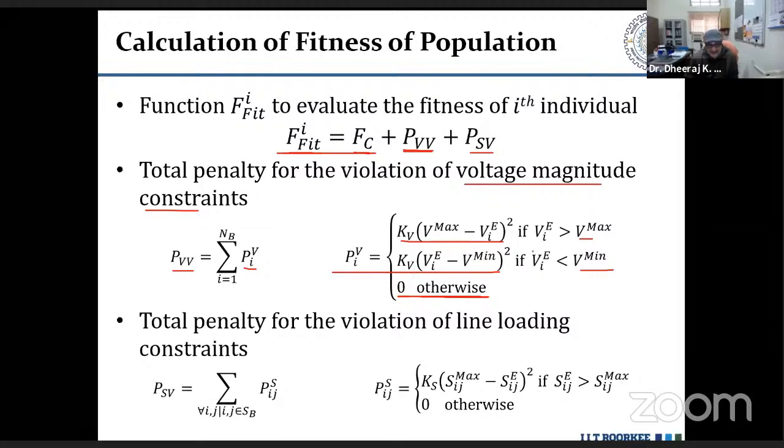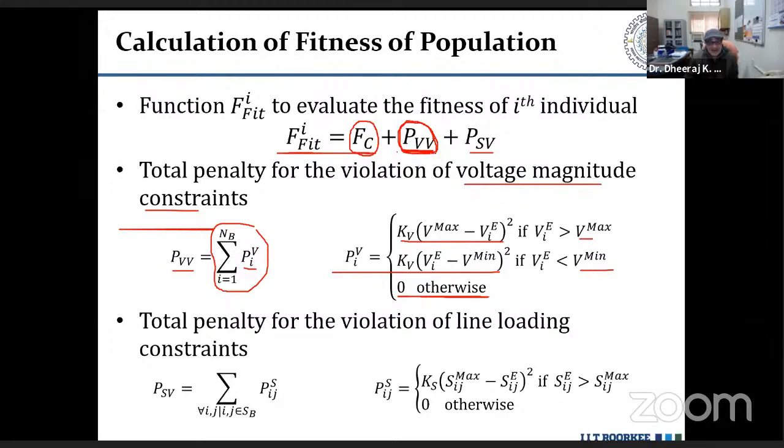If constraints are violated, it will have some non-zero value and it is added. Now please remember that our objective is to minimize this. And now here we are adding some non-zero values. So what will happen? This non-zero value in form of penalty will disturb the fitness of ith individual.